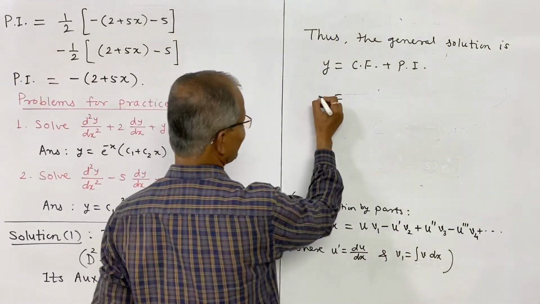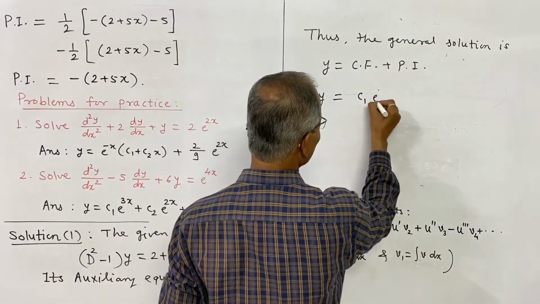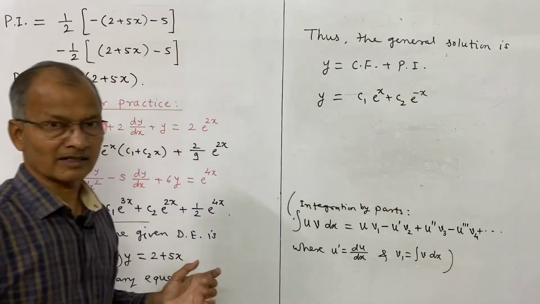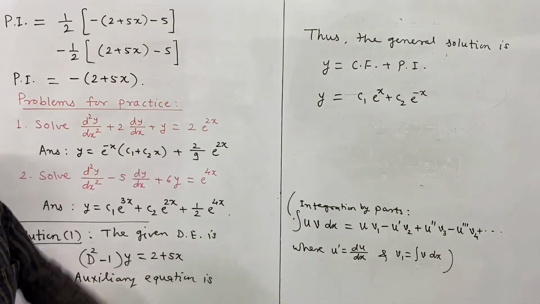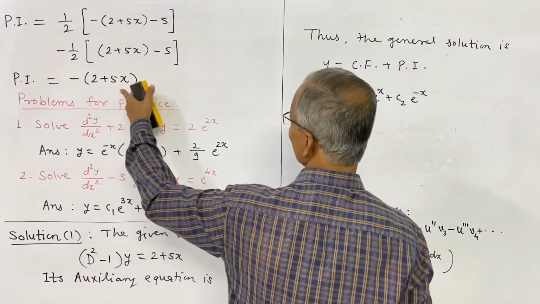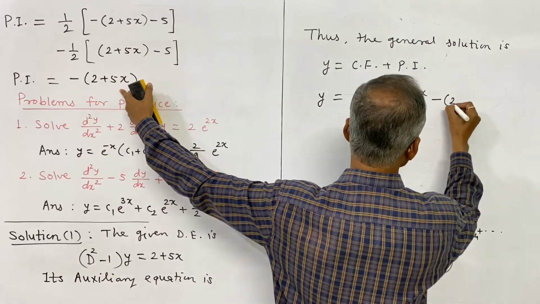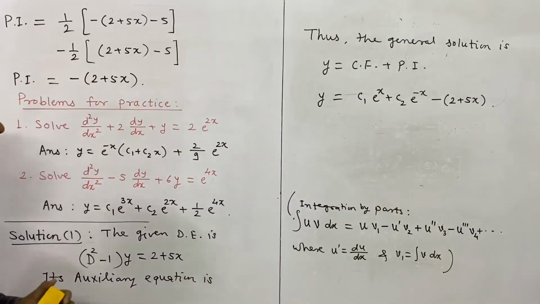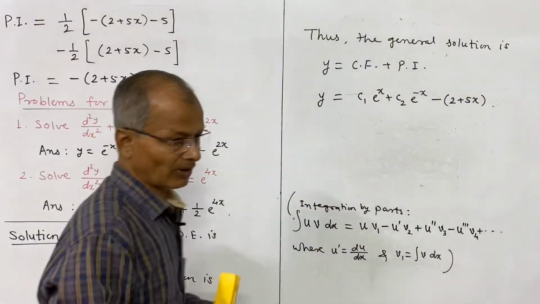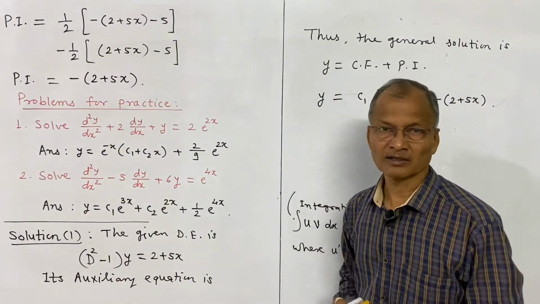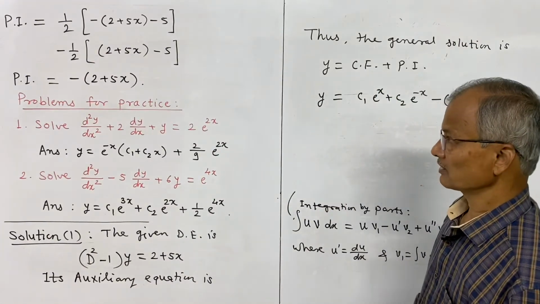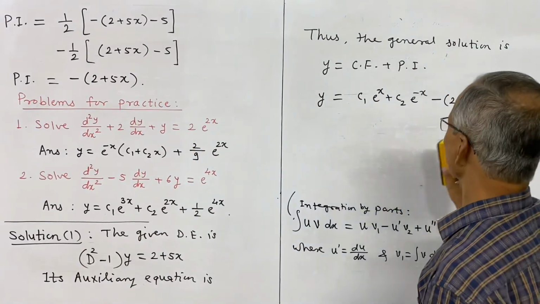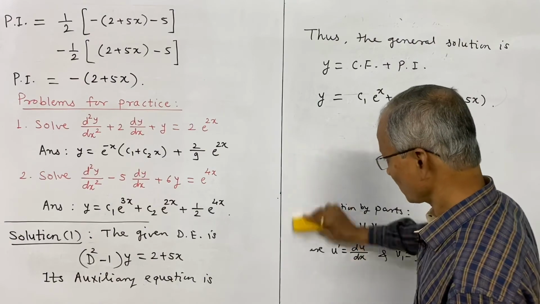So that is C1 e power x plus C2 e power minus x, because D has the roots plus 1 and minus 1, therefore this is the CF, and PI we have obtained here, minus 2 plus 5x. So this is the general solution, and in this way we have used the general formula to obtain the particular integral, and we have solved this problem. Now I have written these two problems for you to solve, and I think you can solve these problems.